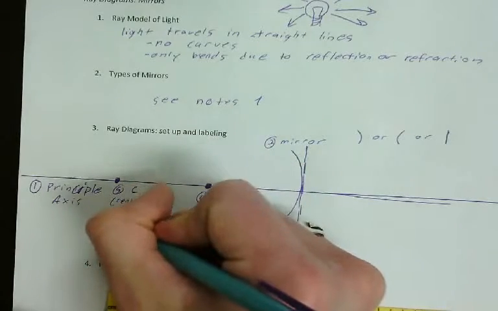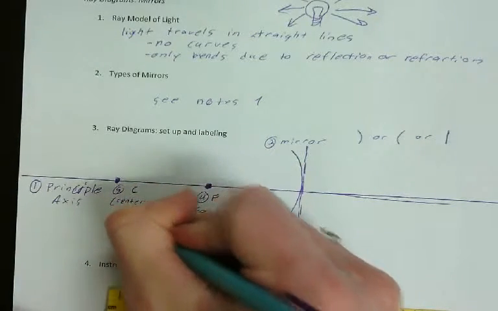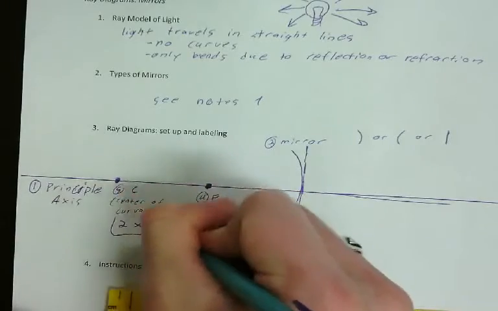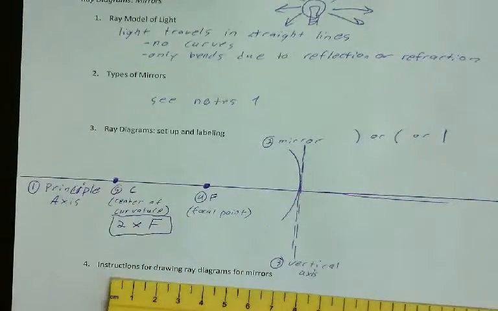And this is always 2 times F. Always. I will never tell you what C is because I will always tell you what F is. So all you have to do is double it, and that's what C is.